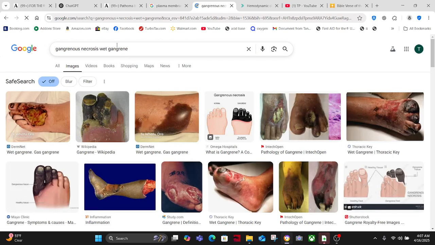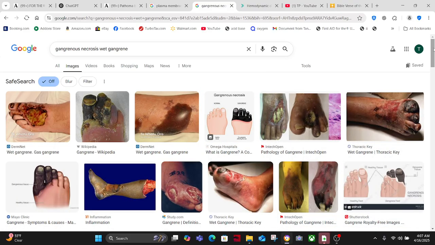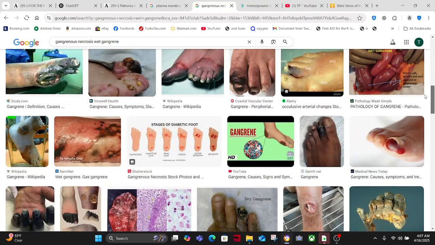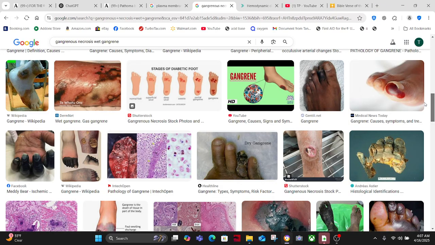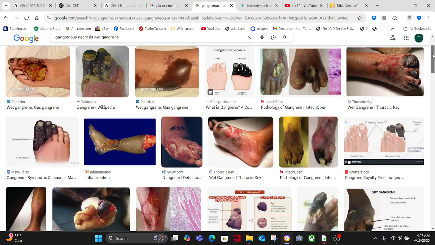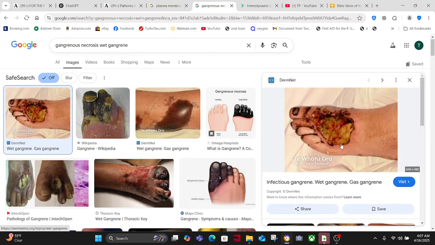This is what it is. So wet gangrene would look like this.